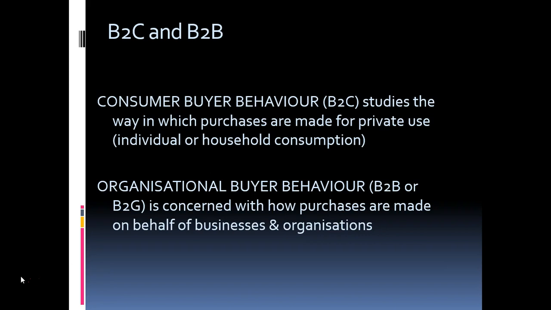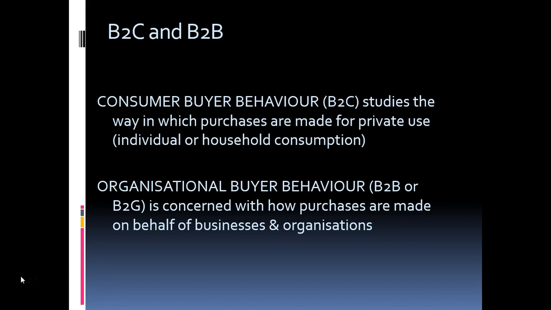Organisational buying behaviour is concerned with how purchases and decisions are made on behalf of businesses, so profit-making businesses, but also organisations, remembering that many organisations that are customers, such as a university, are going to buy paper, different stationery supplies, all kinds of stuff.